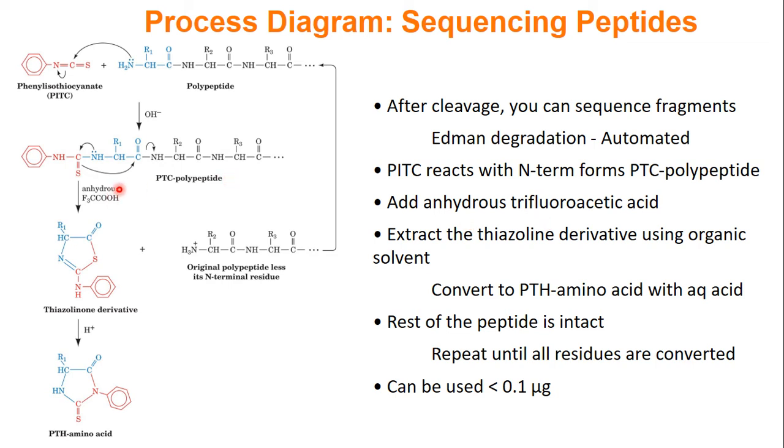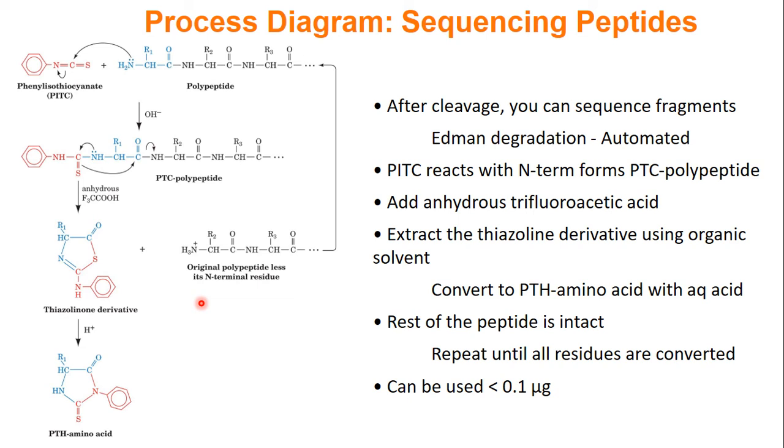And what happens is a reaction in which your PITC amino acid cyclizes and it breaks apart from your terminal residue. You can then look at this residue and determine, okay, what amino acid was connected to it, and your original peptide actually is still remaining active, and so you can go back and do another round and another round until your peptide is sequenced.